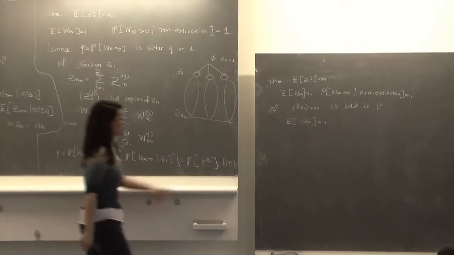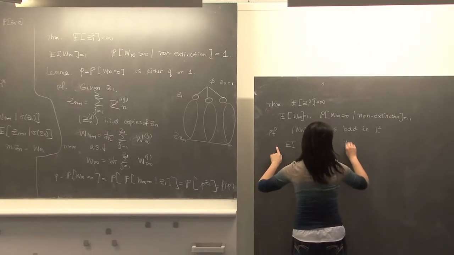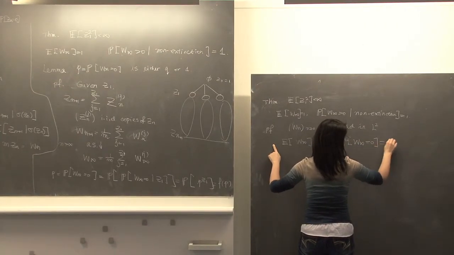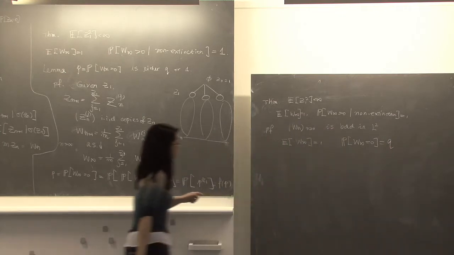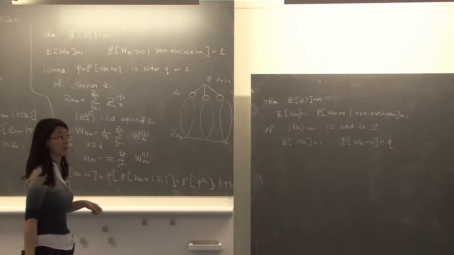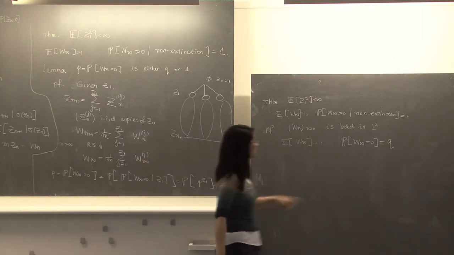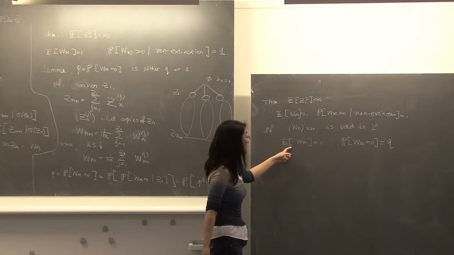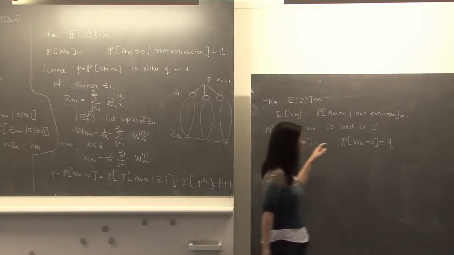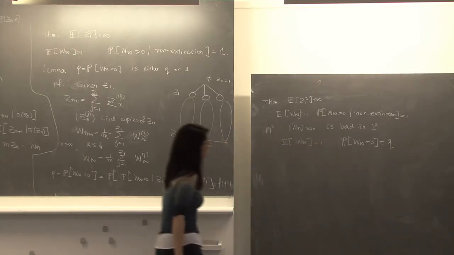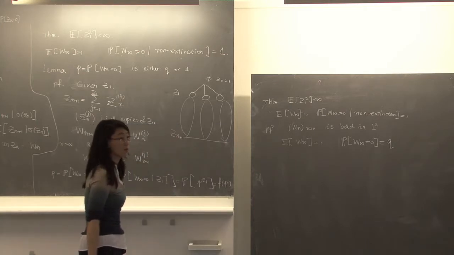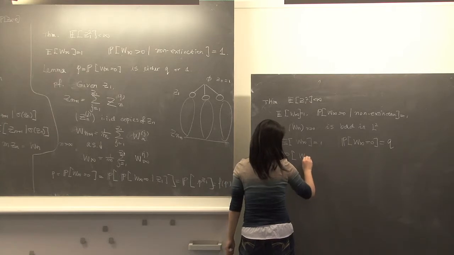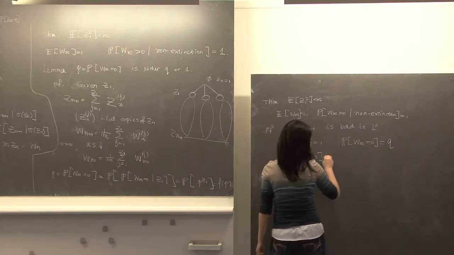If the expectation of this is 1, then the probability of it equaling 0 has to be Q, because if it were 1, then W infinity would equal 0 almost everywhere, and the expectation would be 0. It can't be 1. So the probability that it is 0 is Q. And of course, this also says the probability that W infinity is strictly positive equals 1 minus Q.